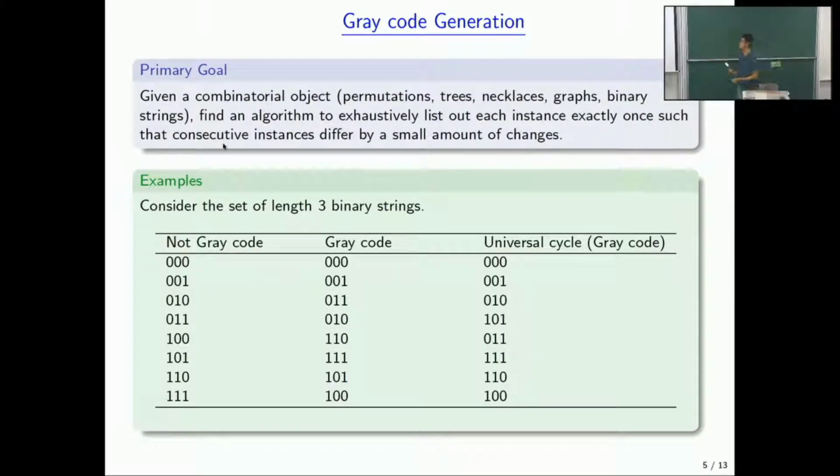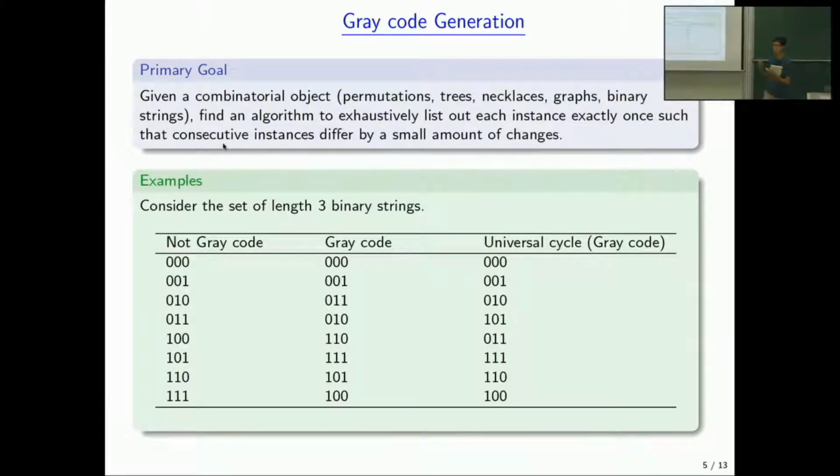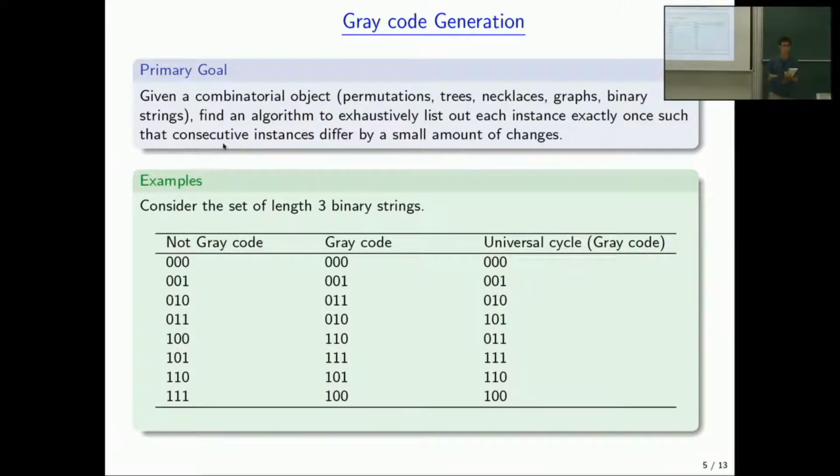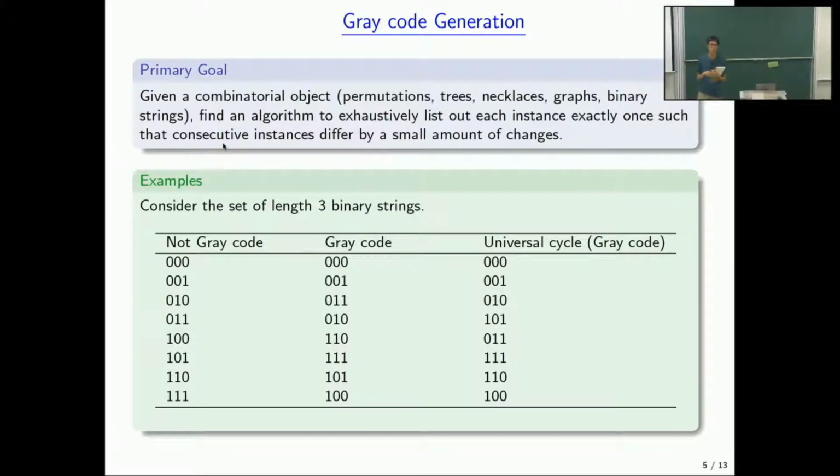So as I mentioned, in my area what we usually do is study how to generate all the objects in a particular set. So in this project, what we are trying to do now is generate all the possible weak orders.